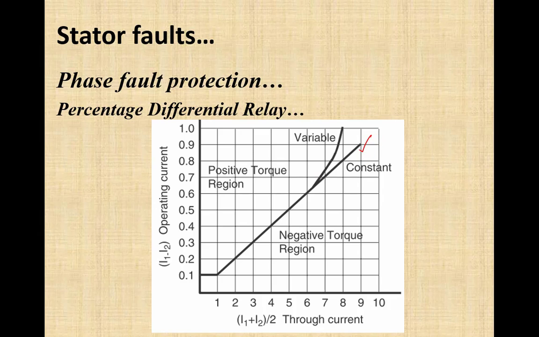These are the characteristics set percentage. We can see for different values of retaining coil current in ampere, the corresponding operating coil current is increasing because it is a fixed percentage of retaining coil current, and in this particular situation we can see it is 10%. So here for 2 ampere retaining coil current we need 0.2 ampere of operating coil, for 3 ampere 0.3 ampere, for 4 ampere 0.4 ampere.